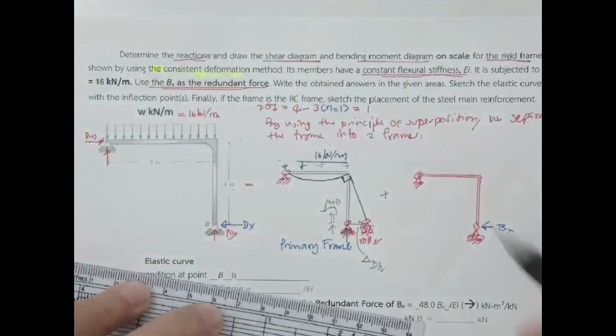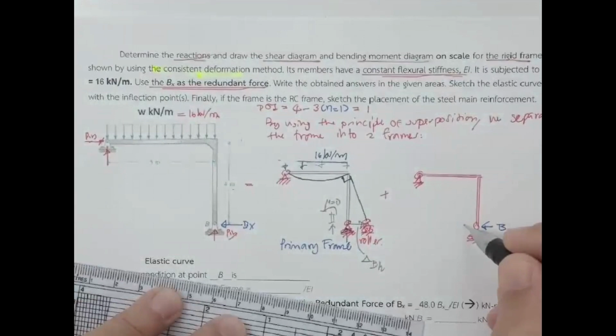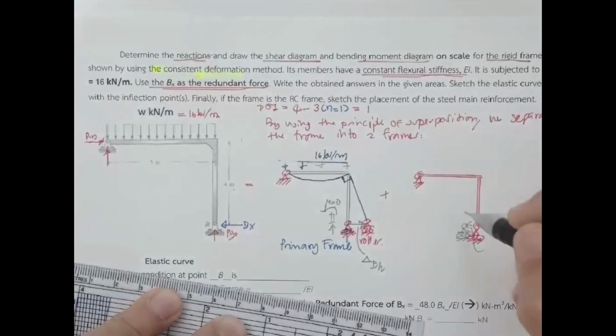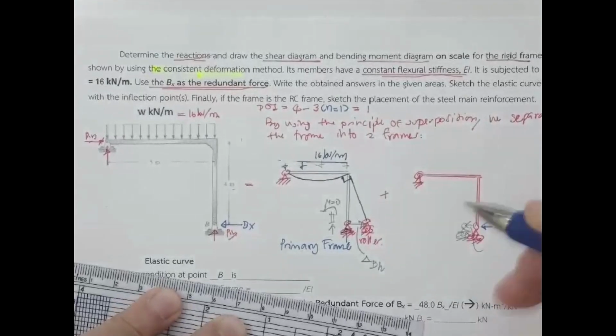Then the second beam, when it's subjected to the force B sub X, I think it should have this kind of horizontal displacement. So based upon this one, it should be curved. Why should this one be curved, Ajahn?